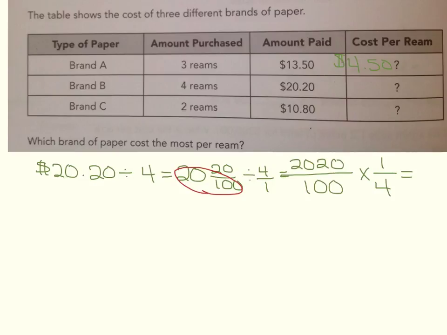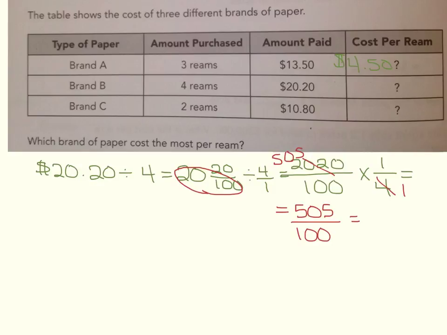So 2,020 can be divided by 4. So we're going to cross simplify. 4 divided by 4 is 1. 2,020 divided by 4 is 505. Multiply across. 505 times 1 is 505. 100 times 1 is 100.